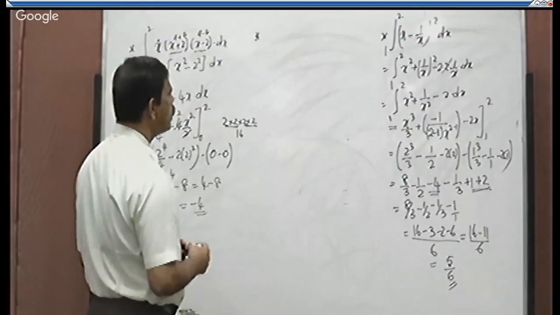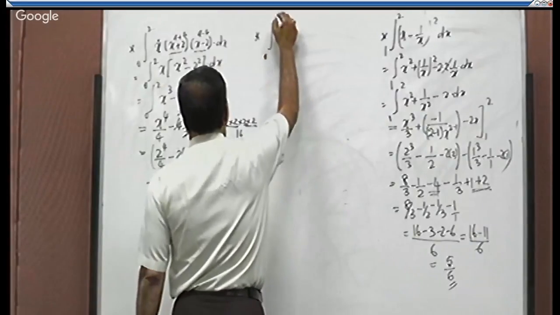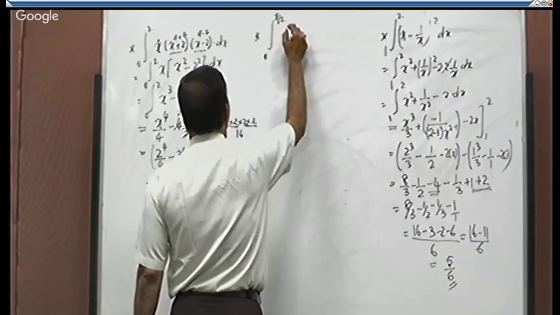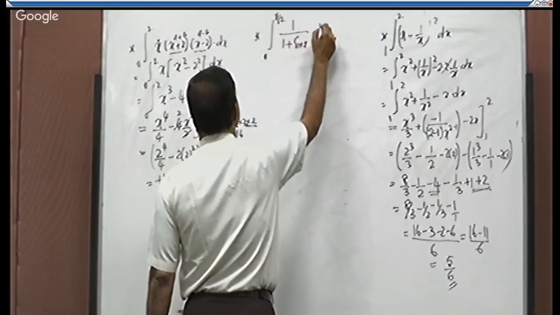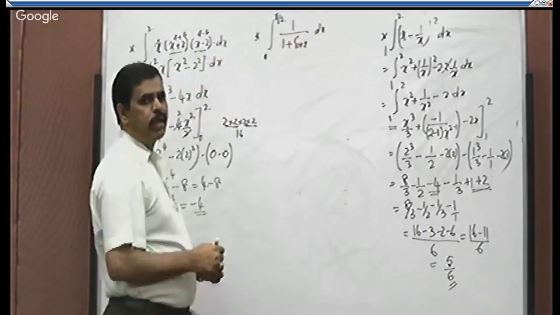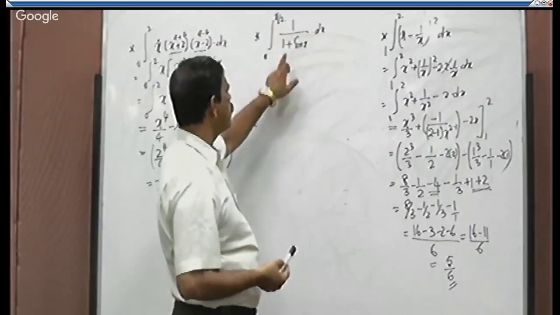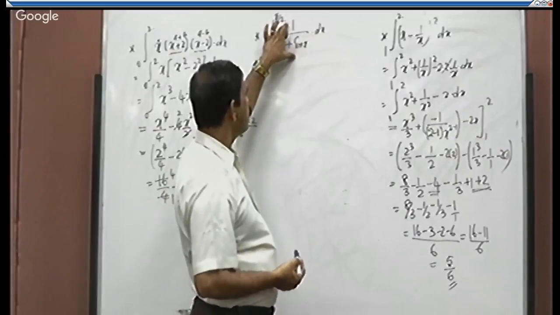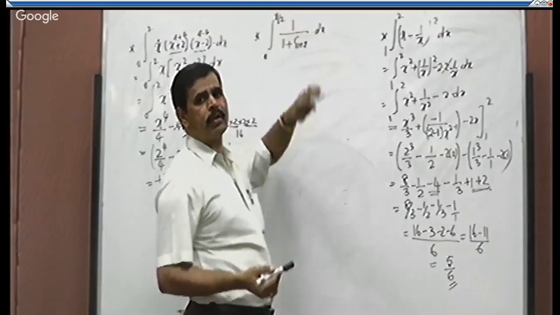Let us move to the trigonometric terms. 0 to pi by 2, 1 divided by 1 plus sin x, 1 by 1 plus sin x into dx. So how is it to be integrated? First, it cannot be integrated directly. So first make this into an integrable form.